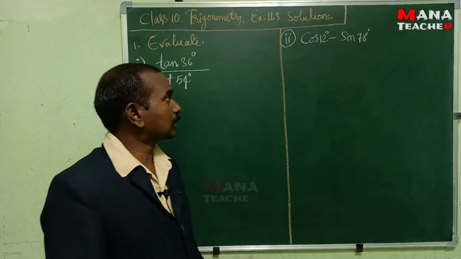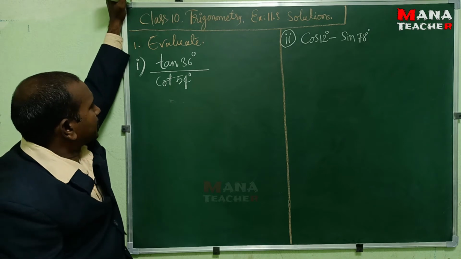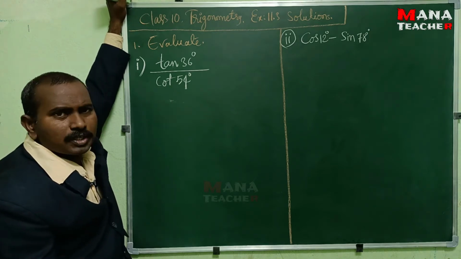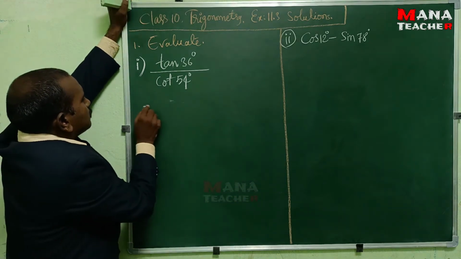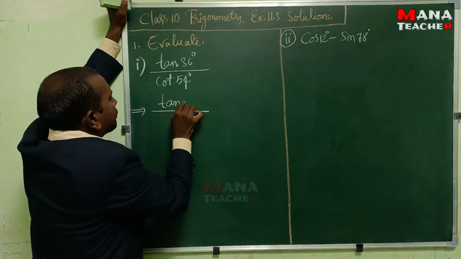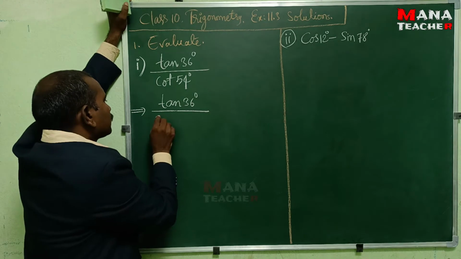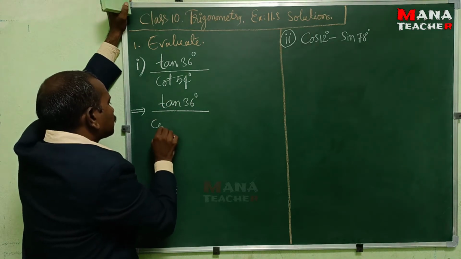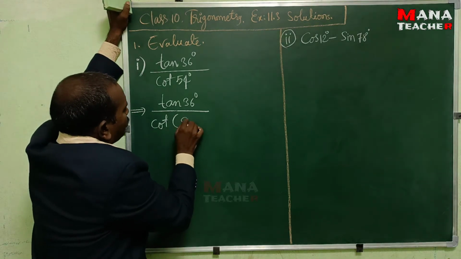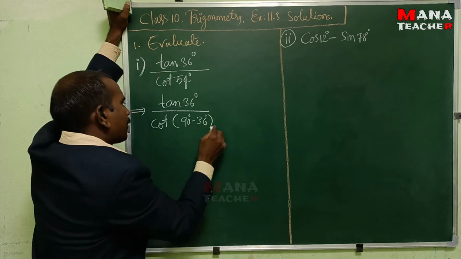Here first, evaluate tan 36 degrees by cot 54 degrees. Write cot 54 in the form of cot(90 degrees minus 36 degrees).